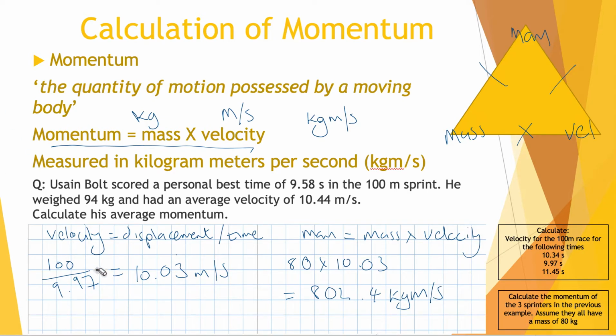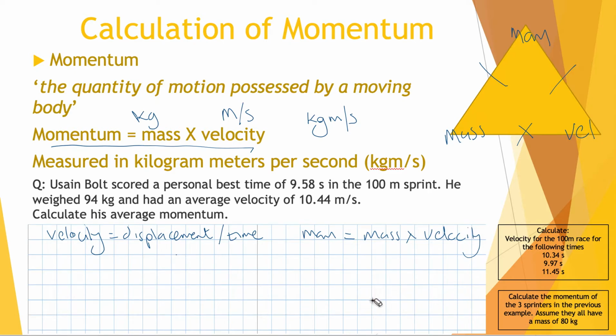And the third example from your readings, again, pause the video, go back if you're not sure, watch it again. We had this athlete, so they'd run 100 meters, which was their displacement. Their time was 11.45, and so their velocity equals 8.73.